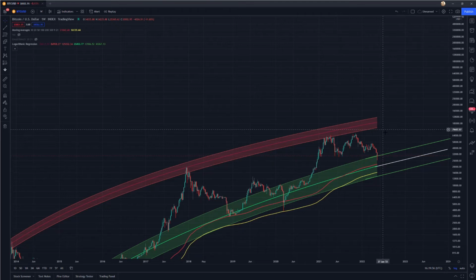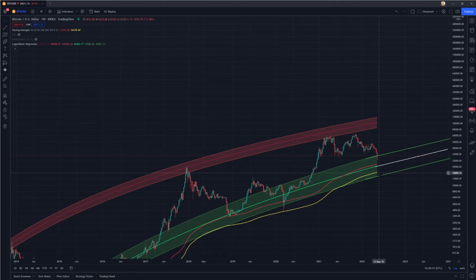If you have that confluence with all these different indicators, it can help you better navigate the bear market, which is always helpful. We don't want to rely solely on one thing, but looking at a variety of perspectives allows us to get a lot more insight on where Bitcoin could ultimately bottom.